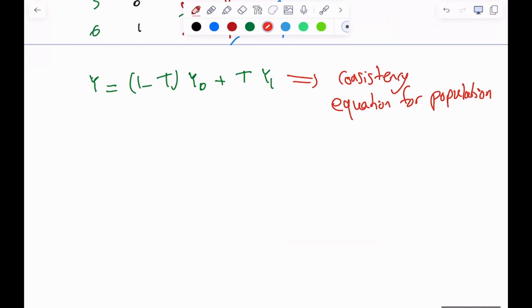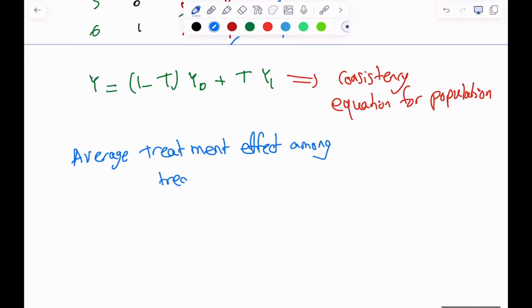All right, fantastic. Now, I want to tell you something else as well. It's called the average treatment effect among the treated, or the average treatment effect among the untreated. I think it's important to know that because you use it a lot.